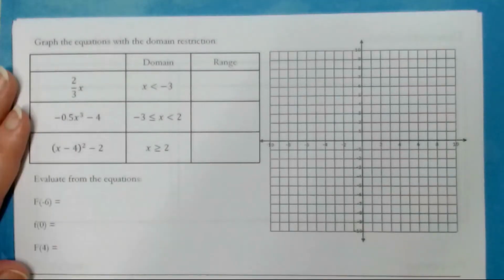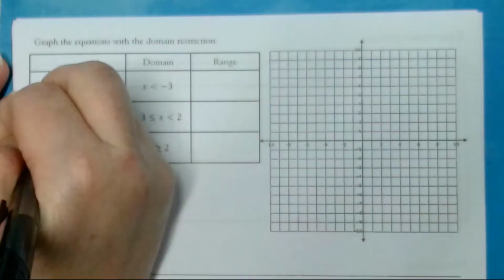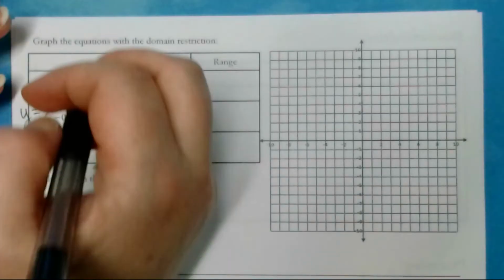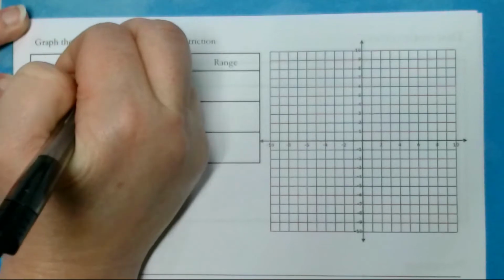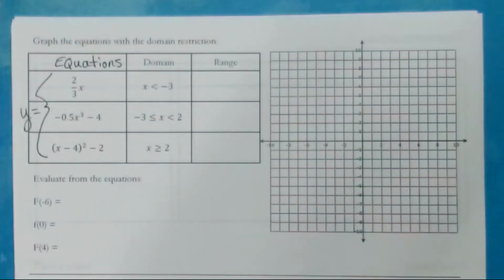Here is our beautiful piecewise function. Remember, that is like y equals each one of them. So we have three equations. We'll graph separately. Yes, the cube is off our domain.